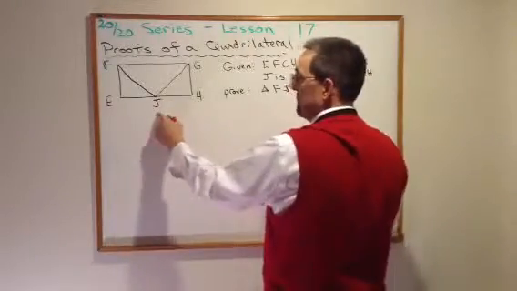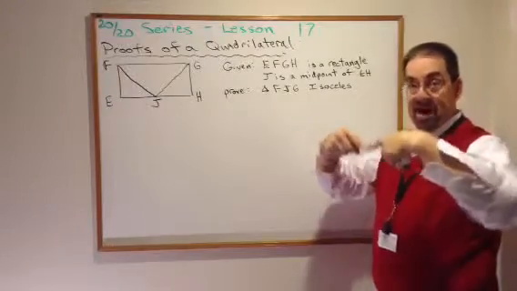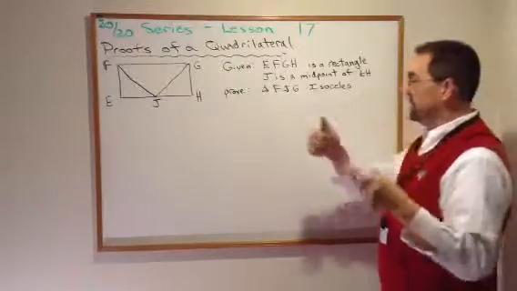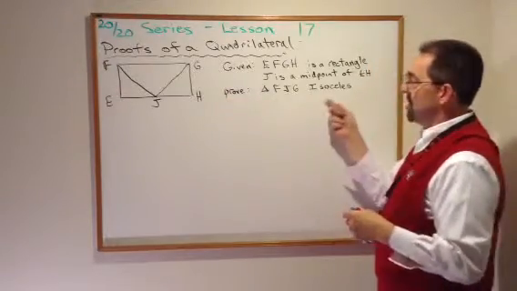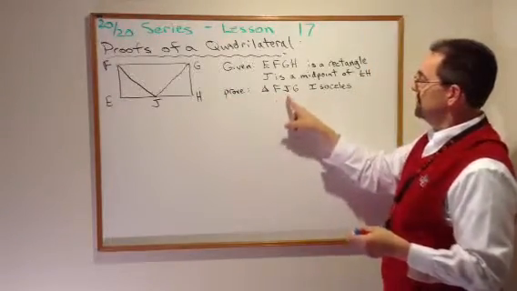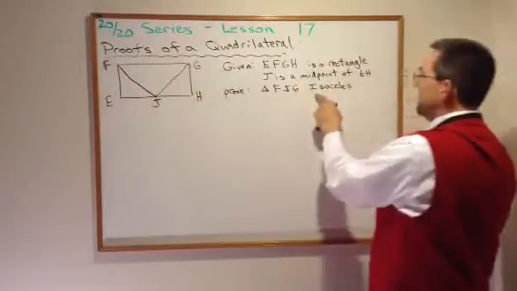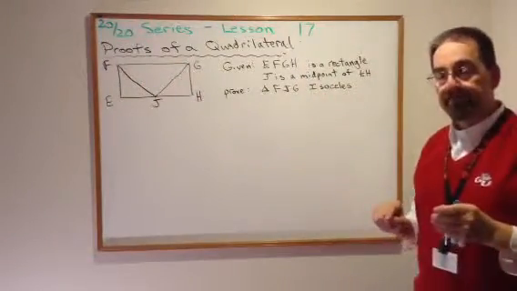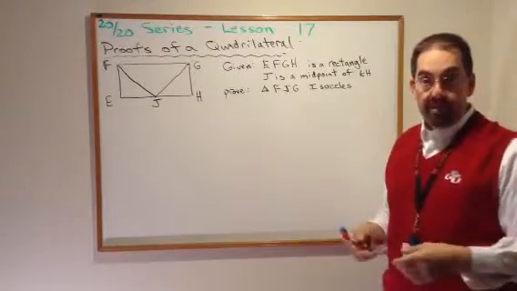Midpoint. Remember what midpoint is? Break it in half, divide it in half. Good. We finally want to prove that triangle FJG is isosceles. The first thing I like to do is mark all the given.